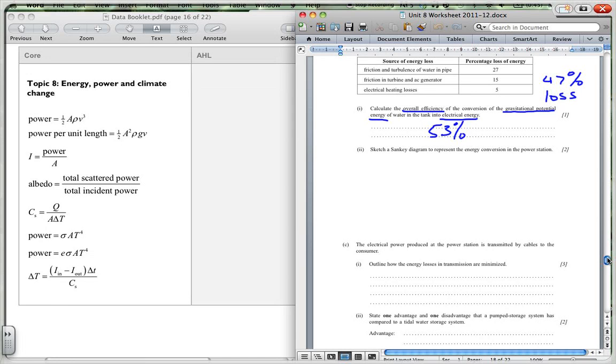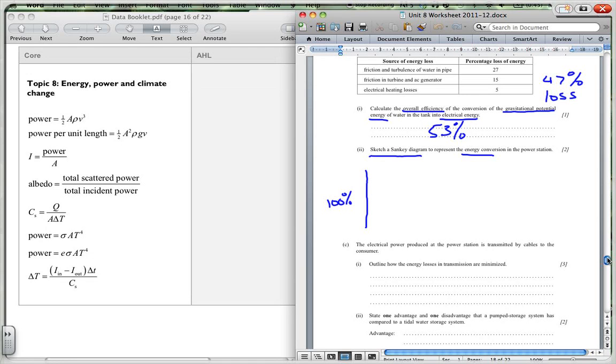Then it says sketch a Sankey diagram to represent the energy conversion of the power station. We know that in a Sankey diagram we start off with our input power. So I get to my input here, and that length corresponds to 100%. The amounts that are coming off need to be proportional. So I get friction and turbulence in the water.